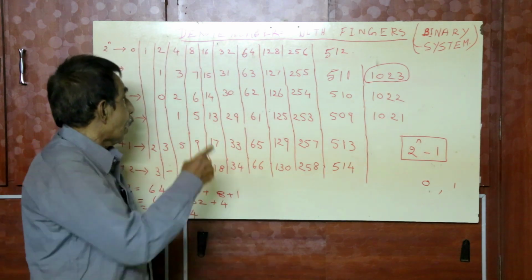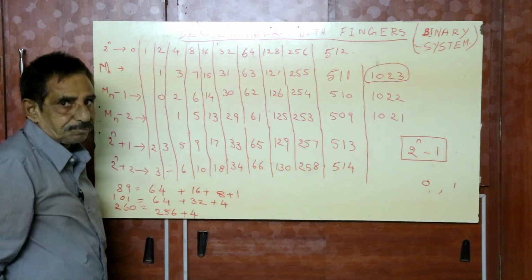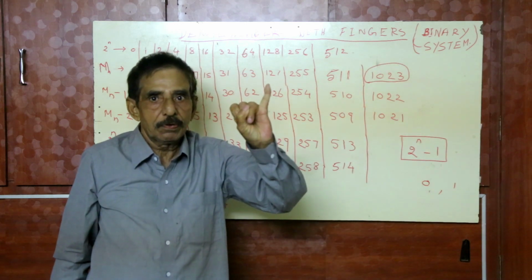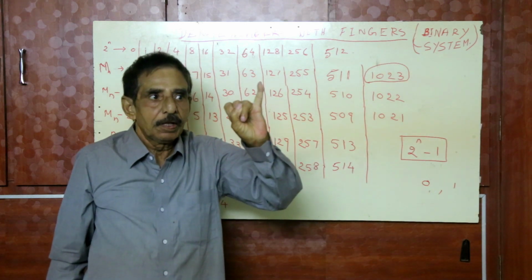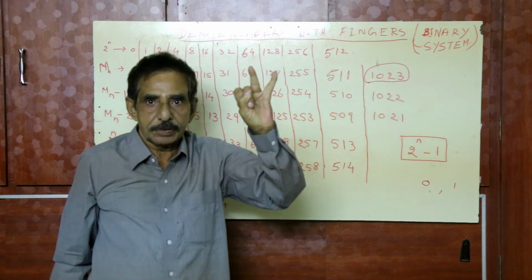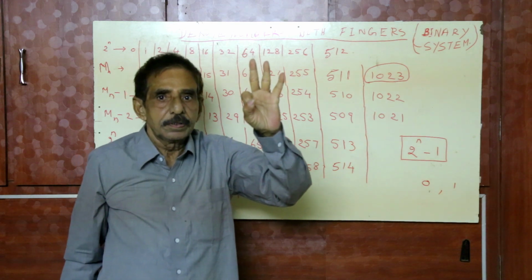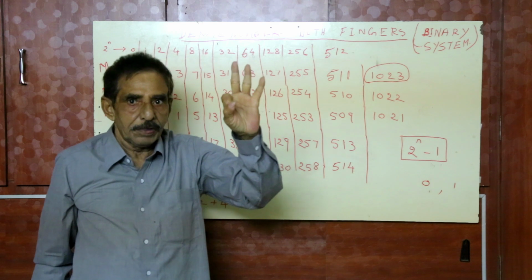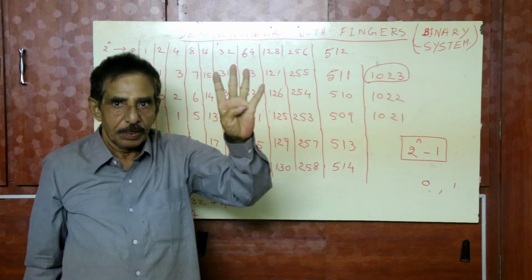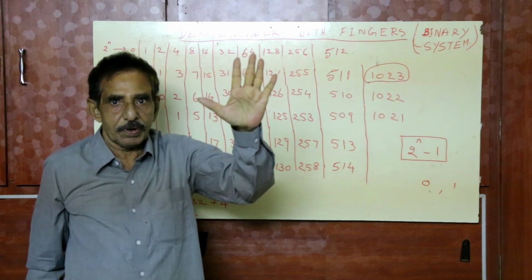So now I am going to represent Mersenne numbers. If I open this finger, that is 1. If I open these 2 fingers, it is 3. If I open these 3 fingers, it is 7. If I open these 4 fingers, it is 15. If I open the 5 fingers, it is 31.